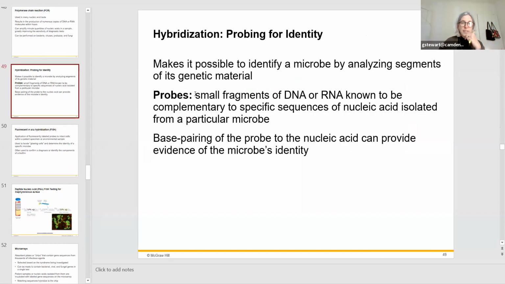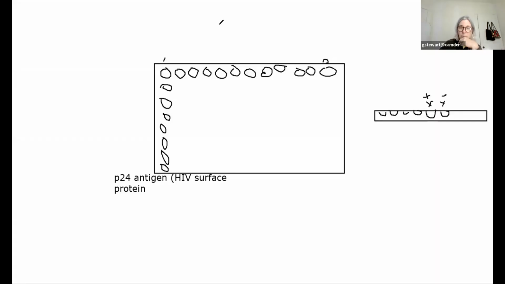So I listed hybridization first, and this uses small probes of either DNA or RNA that are known to be complementary to specific sequences of nucleic acid isolated from a particular microbe. That's a mouthful, right? But basically, you would have to have a known sequence of DNA or RNA.